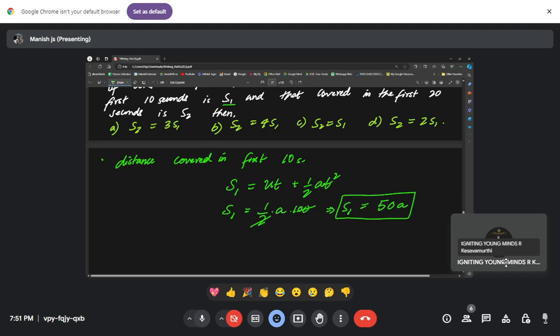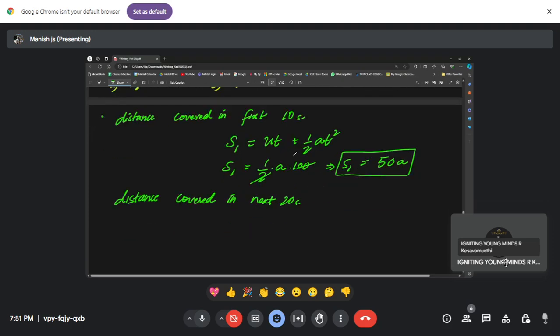Who can tell me what is the distance covered in the next 20 seconds? The same logic can you use and tell me what would be the answer? What would be the value? Distance covered in next 20 seconds. Okay. So what do you get that?